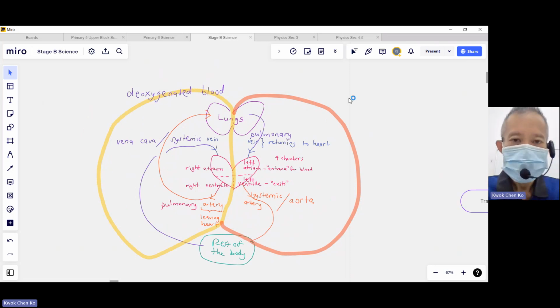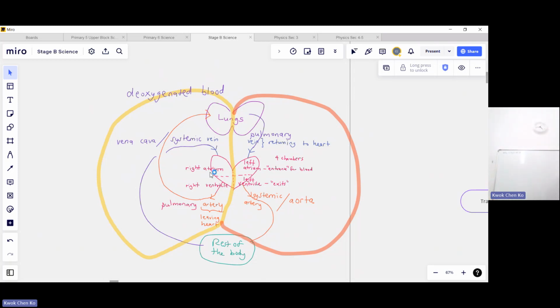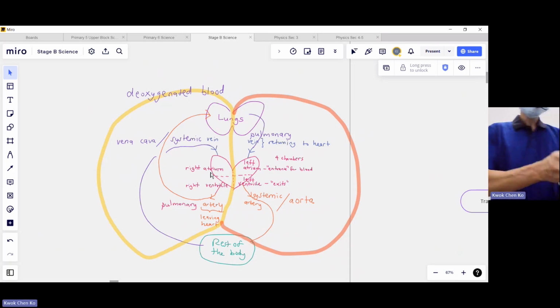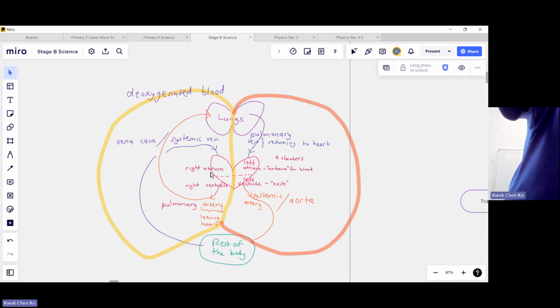Nothing new. Of course, the left side will involve oxygenated blood. You don't have a problem with that. Okay, right is deoxygenated, left is oxygenated.